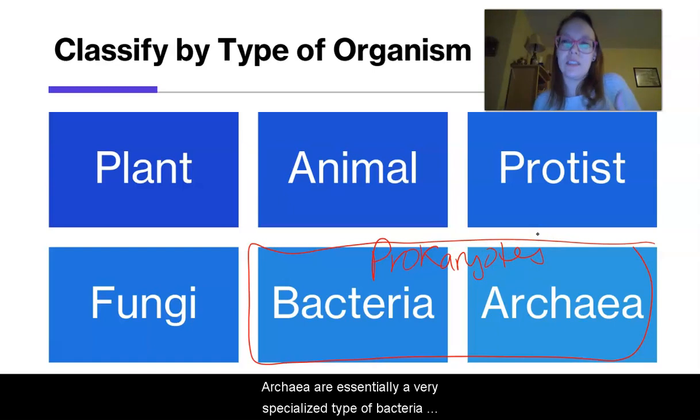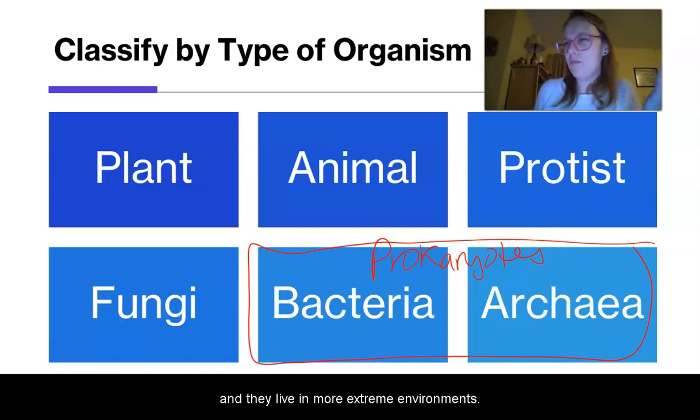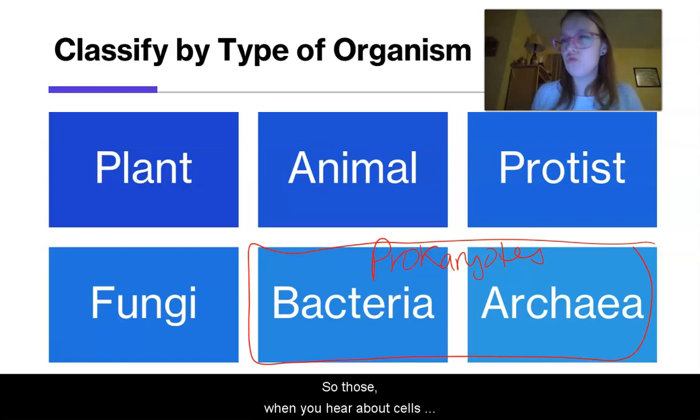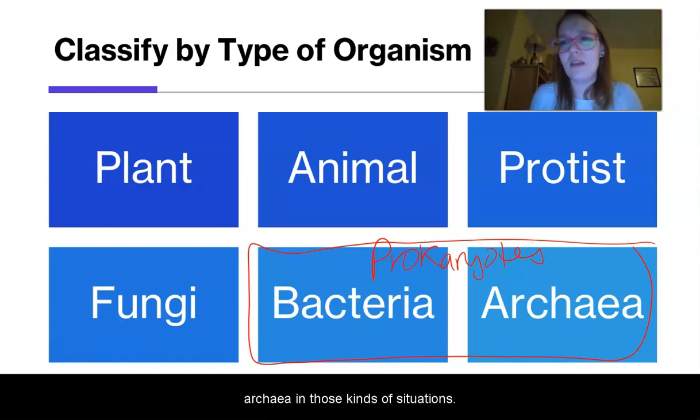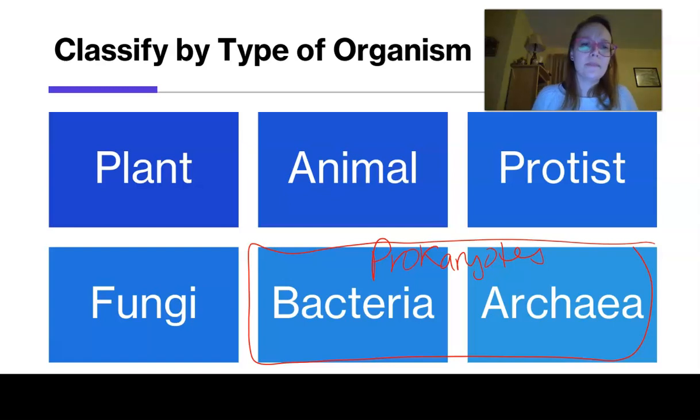Archaea are essentially a very specialized type of bacteria, and they live in more extreme environments. So when you hear about cells that survive in hydrothermal vents and things like that, you're probably looking at archaea in those kinds of situations.